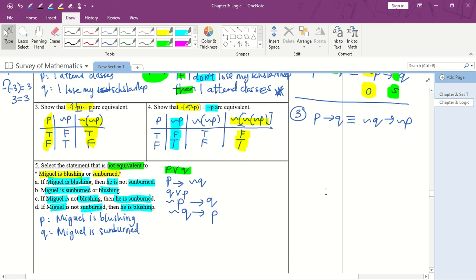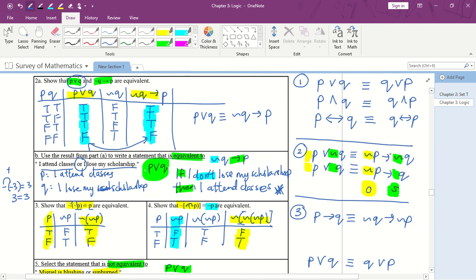So now from this one, P or Q, we don't need to look at the given answers here. We just do it on our own. P or Q is equivalent to Q or P according to the first theory.